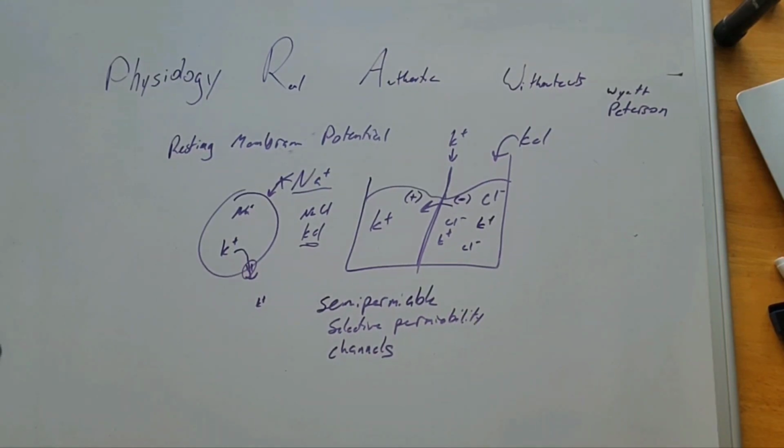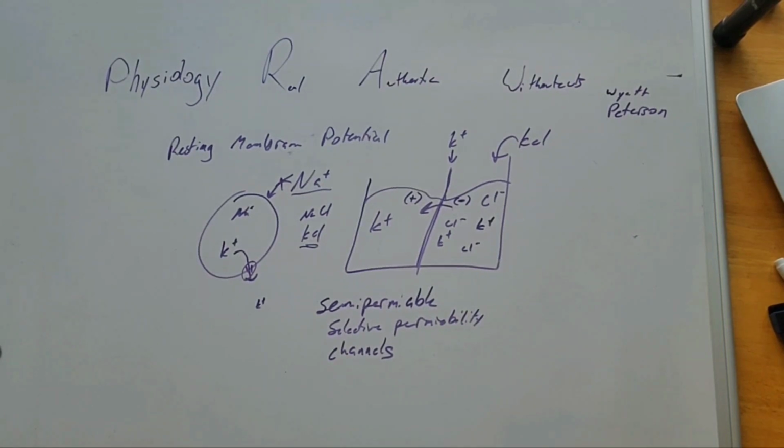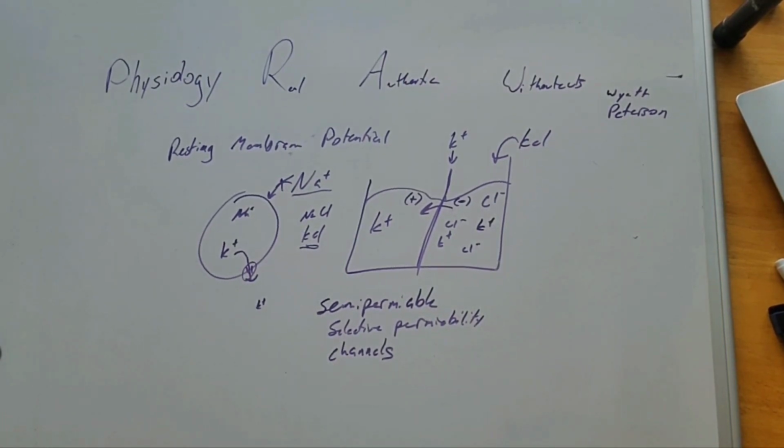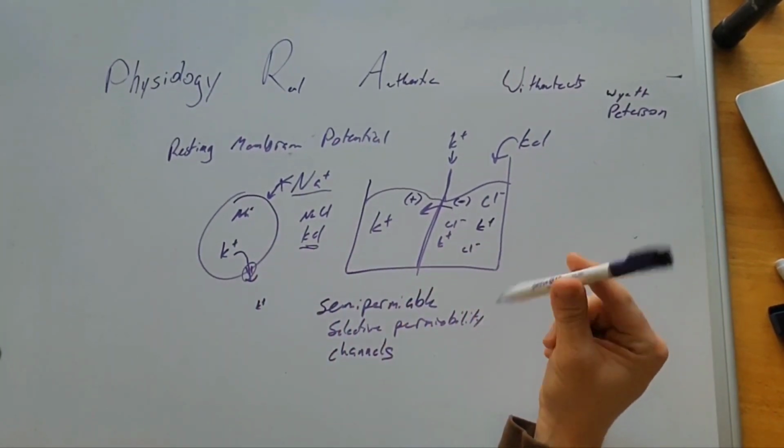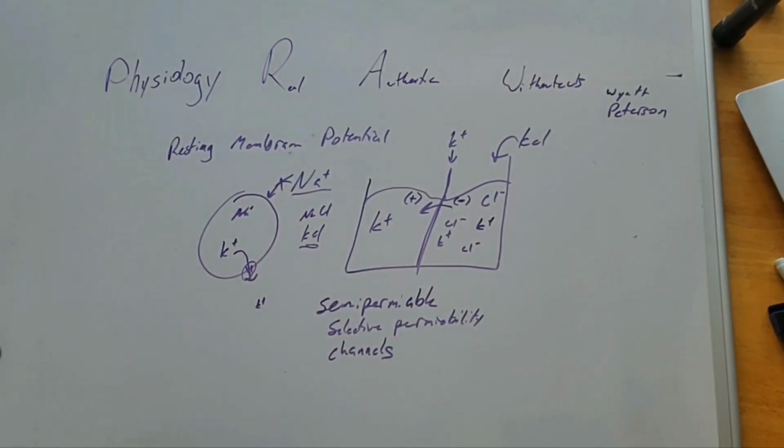What conditions or factors affect the resting membrane potential's magnitude? An example would be an action potential.